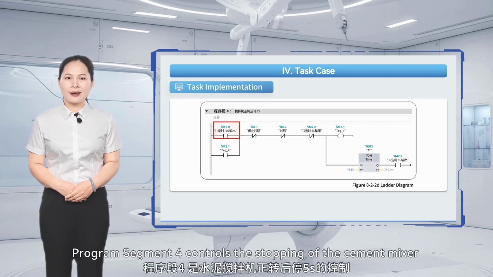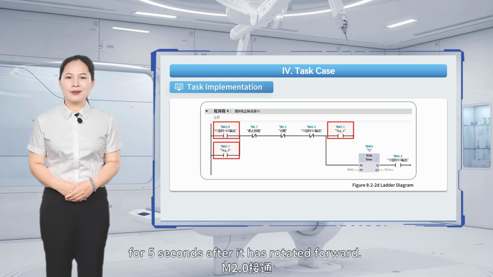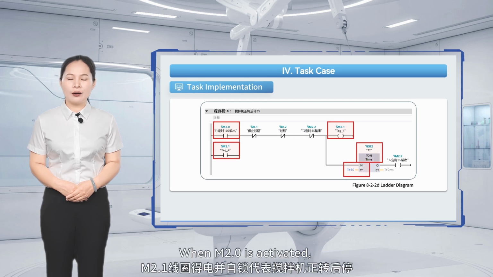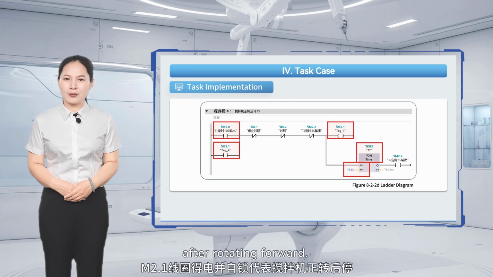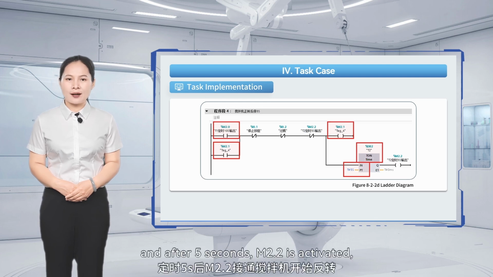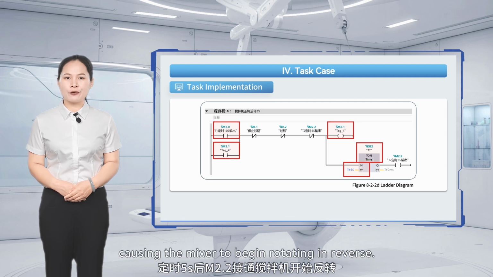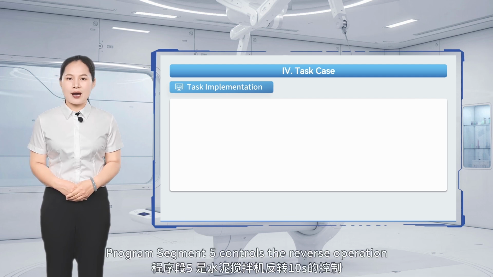Program Segment 4 controls the stopping of the cement mixer for 5 seconds after it has rotated forward. When M2.0 is activated, the M2.1 coil is energized and self-locks, indicating that the mixer has stopped after rotating forward. The T2 timer starts, and after 5 seconds, M2.2 is activated, causing the mixer to begin rotating in reverse.